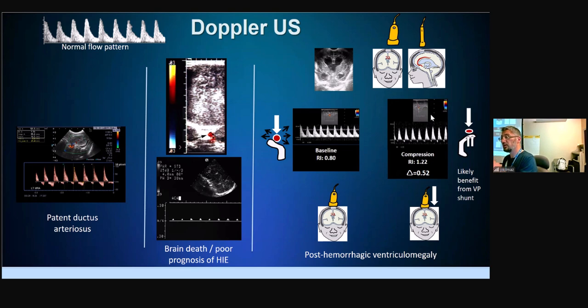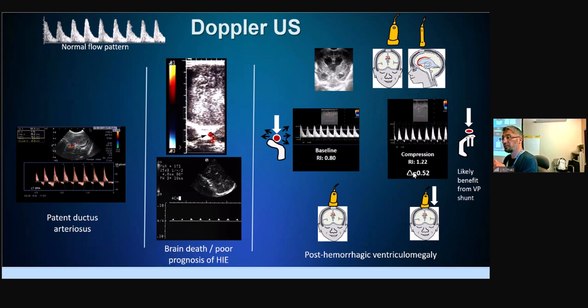If it is normal, you cannot really compress the artery well because there is no increased pressure in the brain parenchyma. You cannot transmit the pressure with your probe. But if there is already increased intracranial pressure, you can transmit the pressure to the artery, actually compress it, and change the flow pattern.